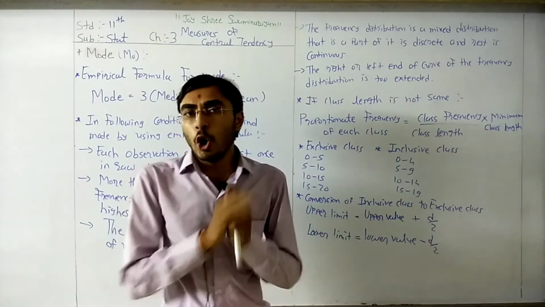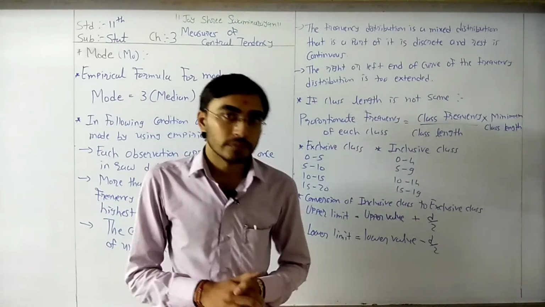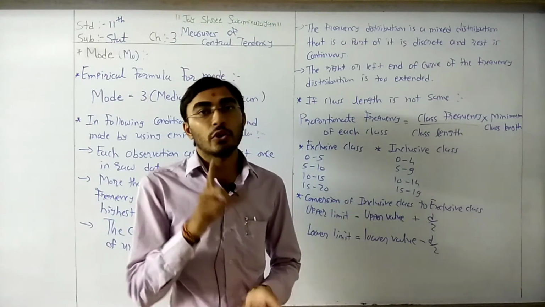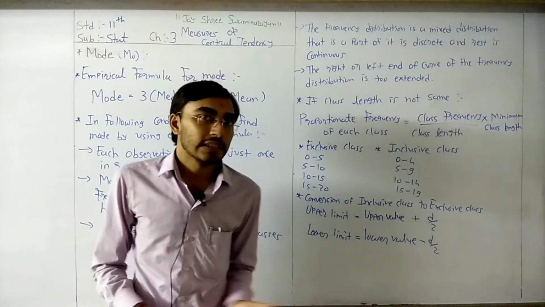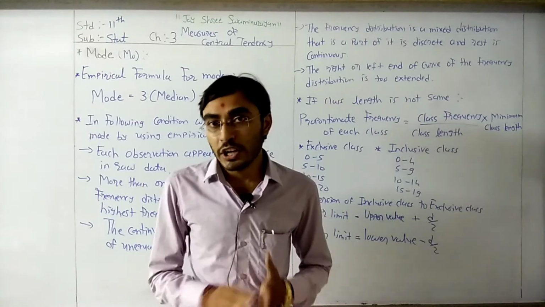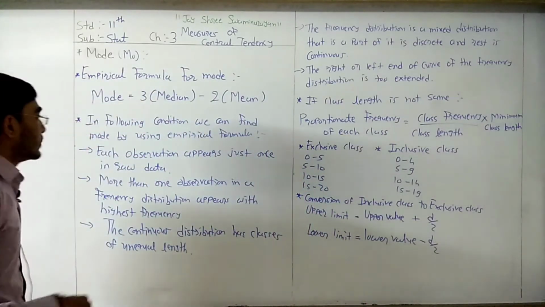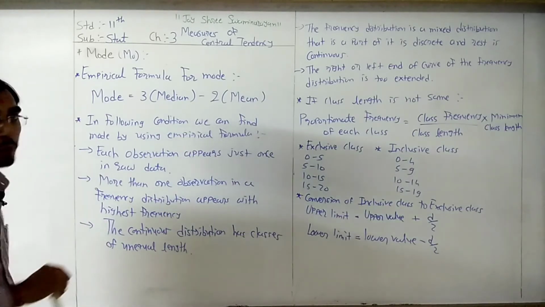But if every number occurs only once, how can we find the most occurring number? In such a condition, we cannot find the value of the mode.